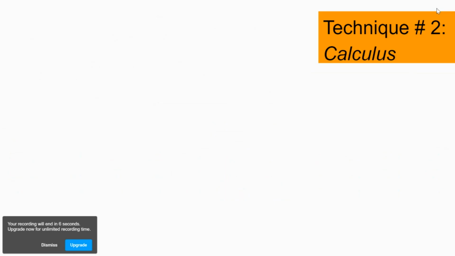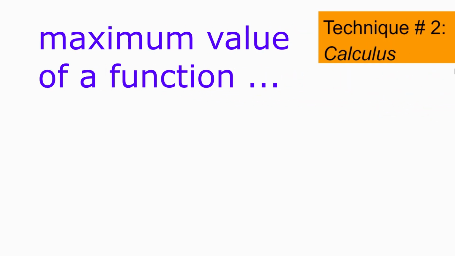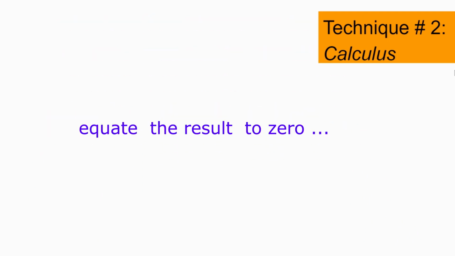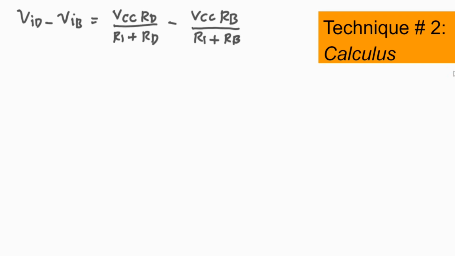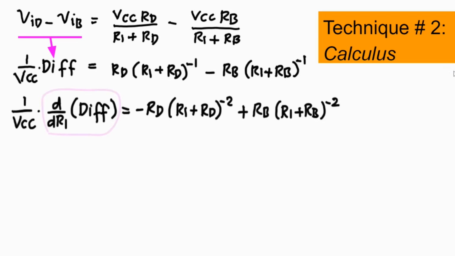Technique number 2. For those who have studied differential calculus, you will recall that the maximum value of a function is found by getting its derivative and equating the result to 0. So I get the difference between VID and VIB and simply call it diff. Then I get its derivative with respect to R1.